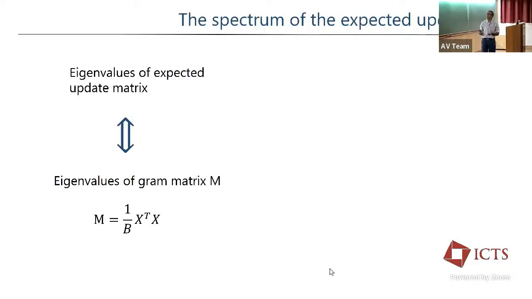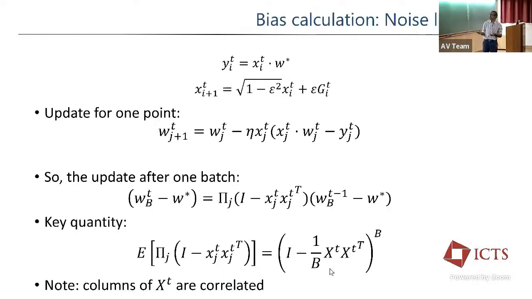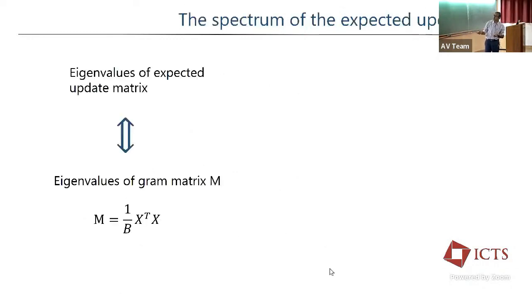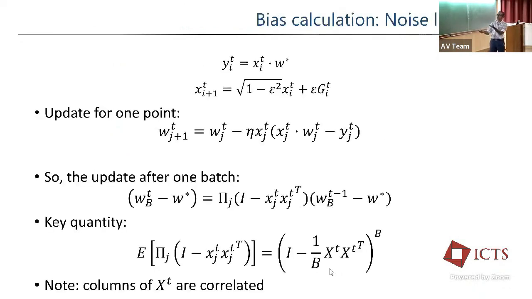One key intuition is that the eigenvectors of your XT transpose matrix remain the same as the eigenvectors of the Gram matrix. The main issue is the eigenvalues: if you can bound the eigenvalues away from 0, then we will be able to show that it will converge, right? We just don't know how to bound it.